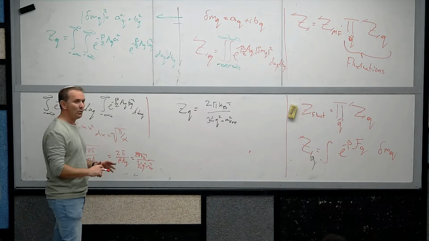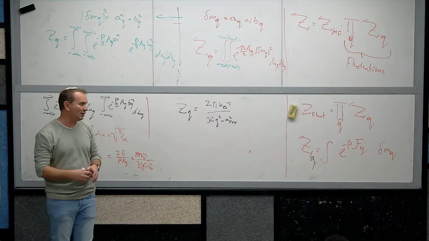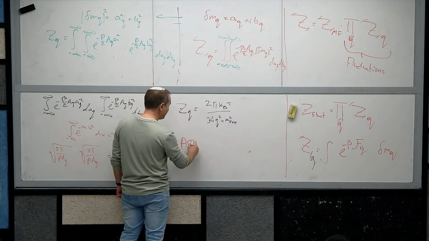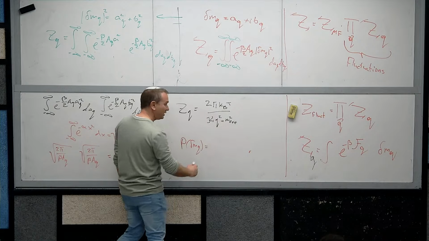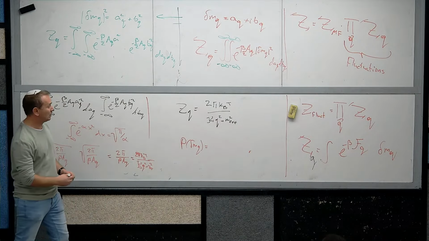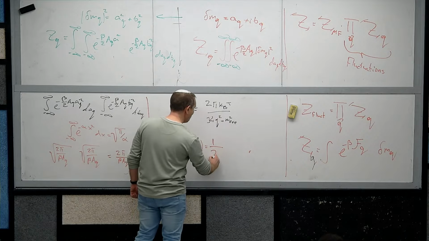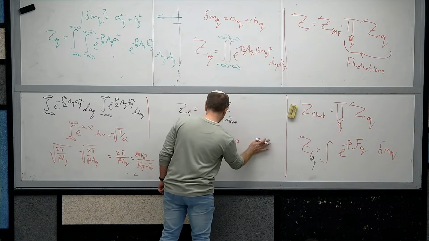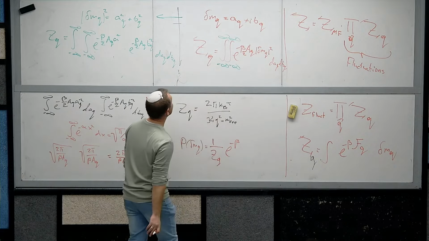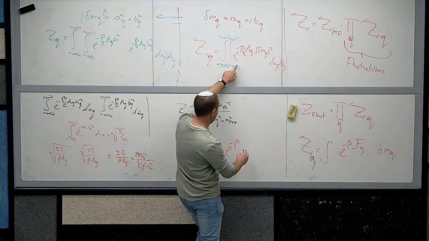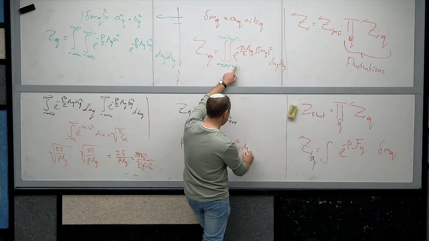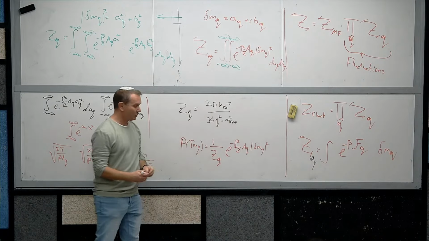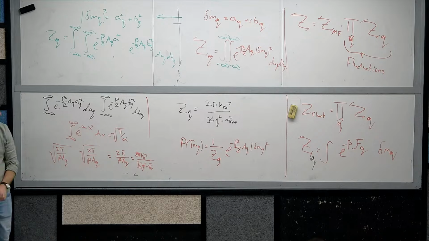Now, currently we know only something about delta m_Q. So we know that the probability of a specific delta m_Q is given by 1 over Z_Q e to the power minus beta divided by 2 A_Q delta m_Q squared. This is the important part.